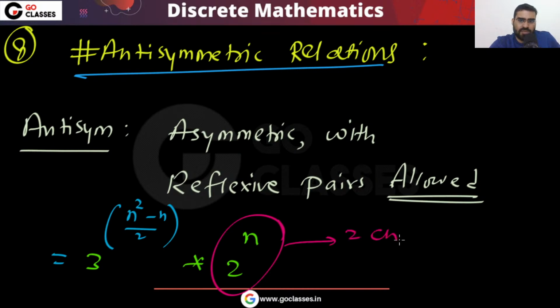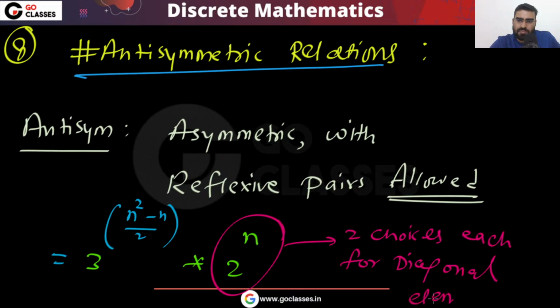There are 2 choices for each diagonal element. Is this clear? So 2 power n multiplied by 3 power (n square minus n) by 2. This will be your answer.